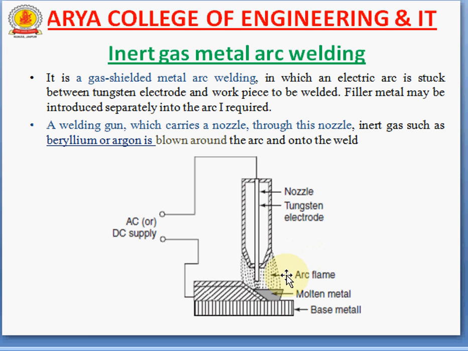A welding gun carries a nozzle, and through this nozzle an inert gas such as argon or helium is blown around the arc onto the weld. In this diagram we have shown the arc flame, the inert gas, the nozzle, and the molten metal. When the supply is connected, the arc is struck between the tungsten electrode and the workpiece to be welded.